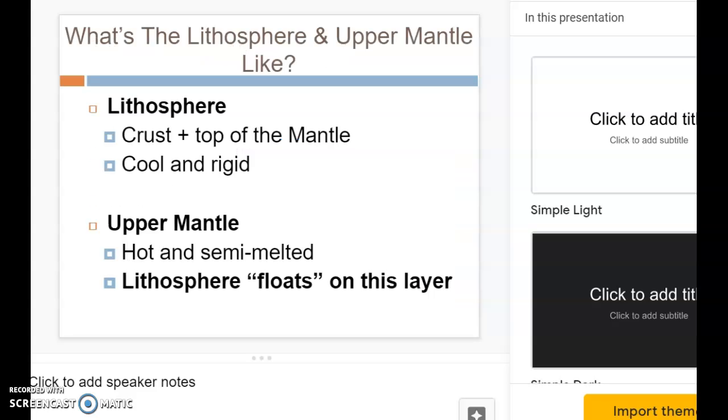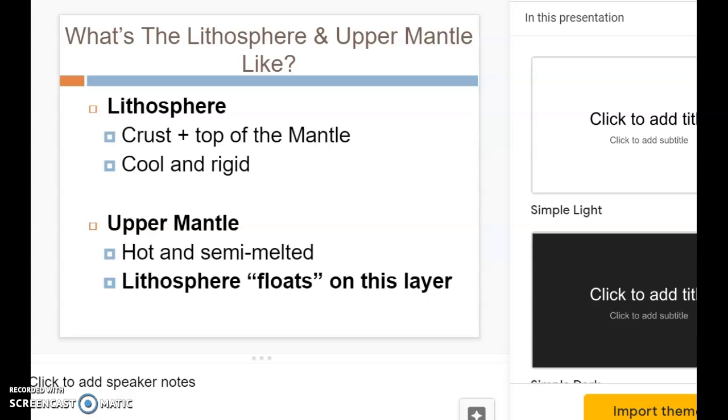So what's the lithosphere and the upper mantle like? Well, the lithosphere is crust on top of the mantle, like I just said in the last slide. It's cool and it's rigid. I mean, think about it. If you're standing on the ground, it's rigid and it's cool compared to the core of the Earth. And right below that's the upper mantle. And the mantle is kind of like a cheese sandwich. If you're looking at a grilled cheese sandwich, the bread on top would be the upper mantle.